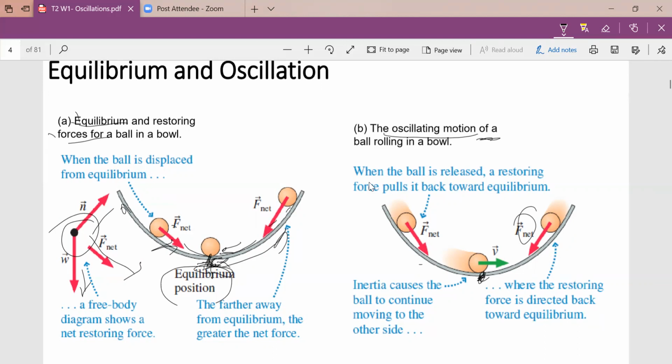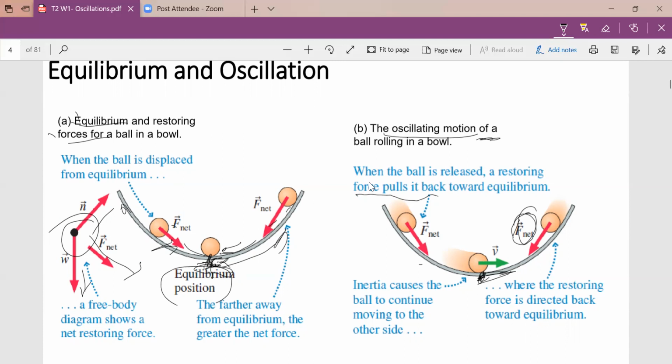What the ball is undergoing when you tilt it at a velocity towards the right and it begins to roll, you see that when the ball is released, a restoring force pulls the ball back towards its equilibrium position. And this restoring force is what we are calling the force net or net force.